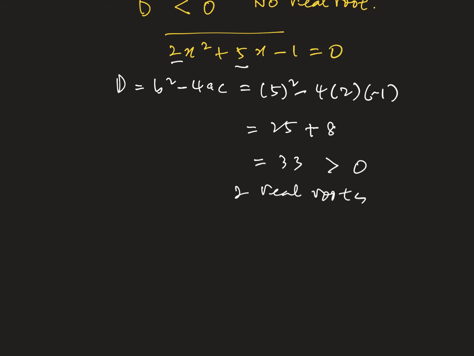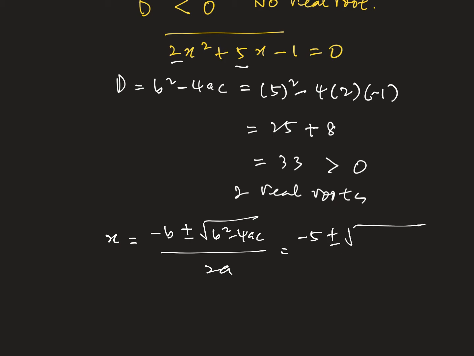To verify this, let's use the quadratic formula to find the roots. The formula is negative b plus or minus the square root of b squared minus 4ac, over 2a. b is 5, so negative 5 plus or minus the square root of 5 squared minus 4 times 2 times negative 1, over 2a, which is 4.